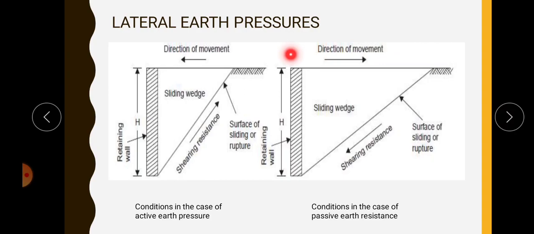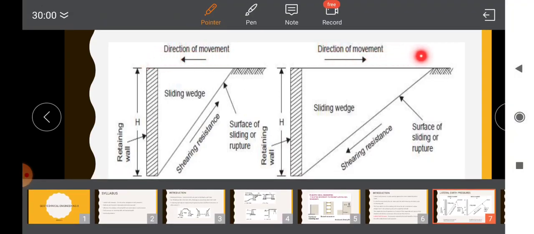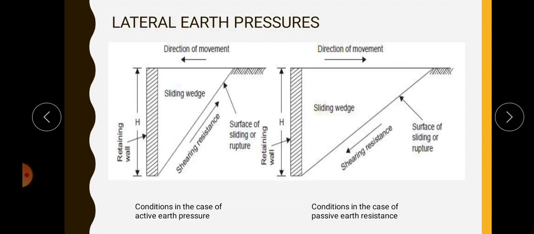That is, here the retaining wall is moved towards the backfill soil. So, this type of earth pressure is known as passive earth pressure. In the case of active earth pressure, the retaining wall is moving away from the backfill soil. In the case of passive earth pressure, the retaining wall is moving towards the backfill soil. So, based on this direction of movement, it is classified into active and passive.